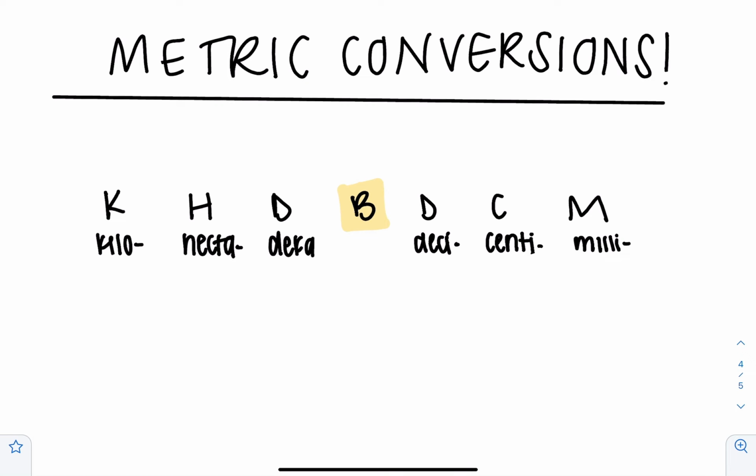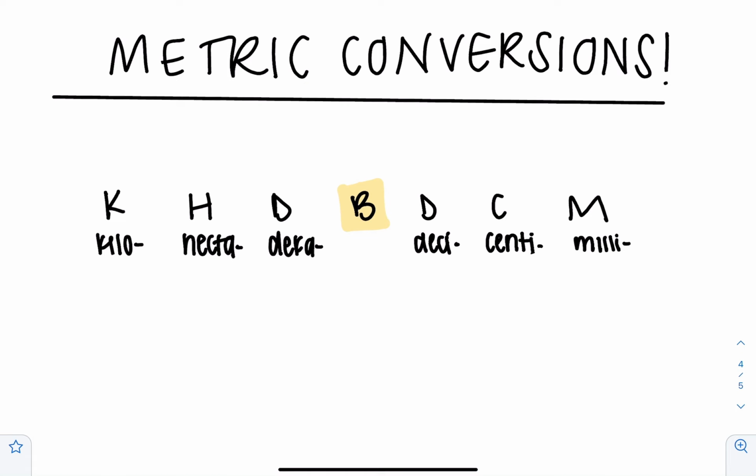So as you can see, these are all prefixes of units that we deal with in the metric system. So for example, here we have kilo. If we have kilograms, that is that unit. So that's just kind of what all of these words mean.